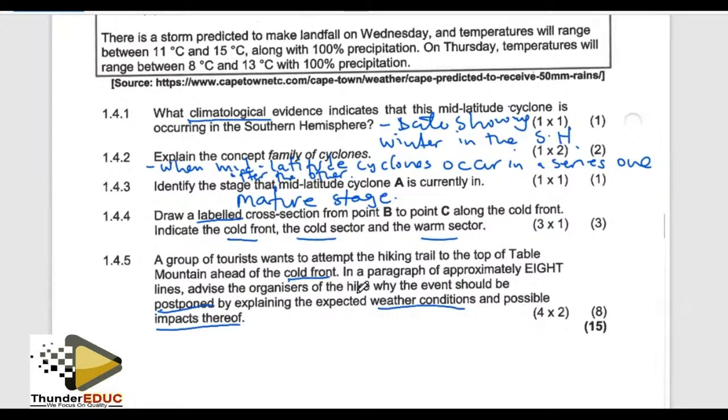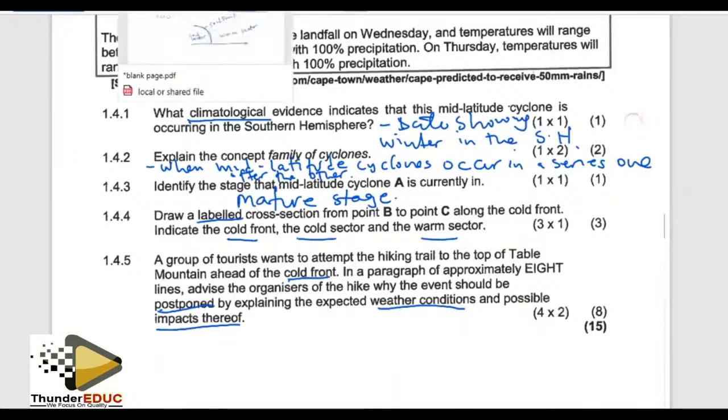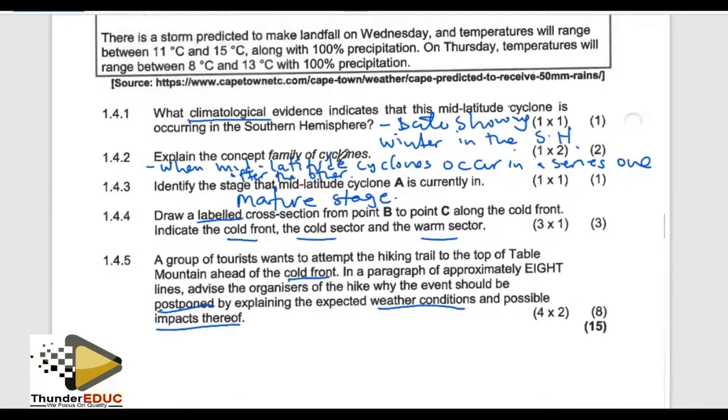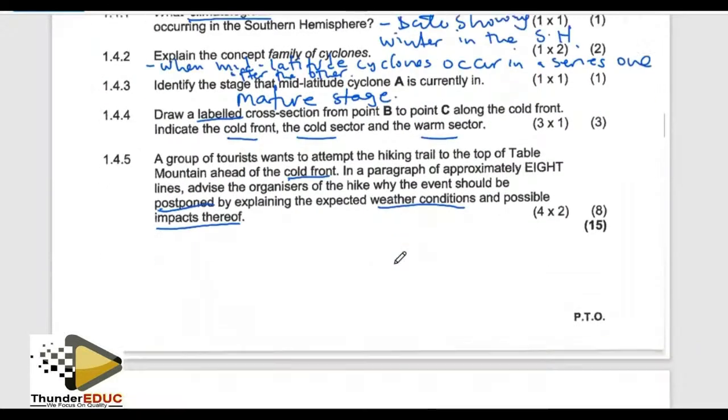They're saying in a paragraph, approximately 8 lines, advise the organizers of the hike why the event should be postponed by explaining the expected conditions and possible impacts thereof. Okay, 1.4.5. So we need to look at the possible conditions and the impacts thereof.